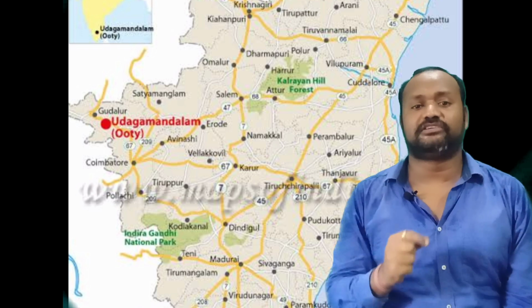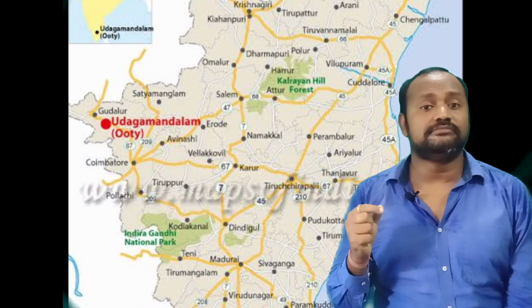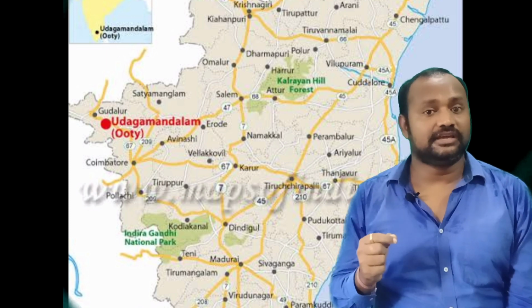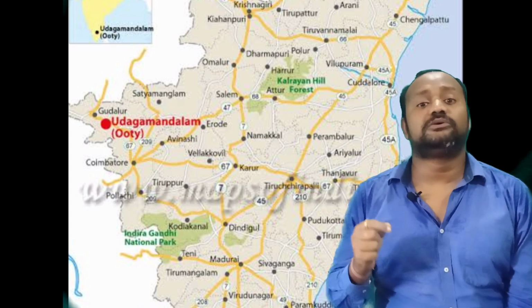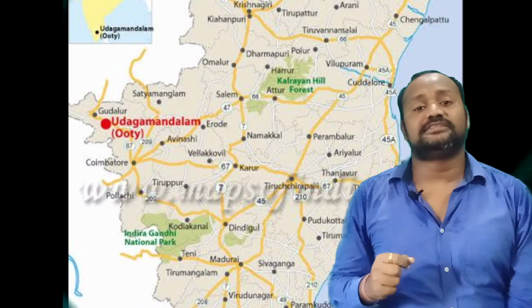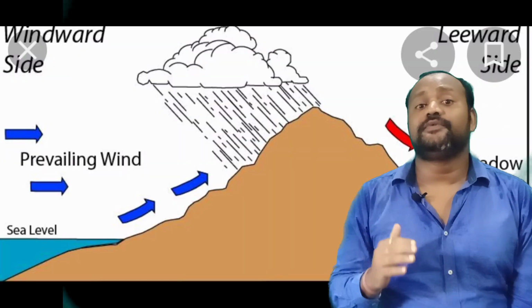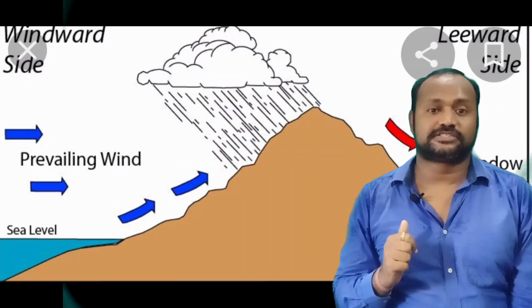The Western Ghat is also known for some hill stations, Udhagamandalam or Ooty, and another is Kodaikanal. These are some important hill stations in the Western Ghat. Due to the Western Ghat, orographic rainfall also occurs.